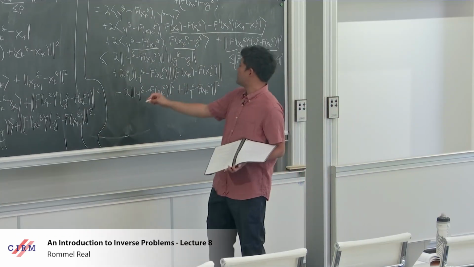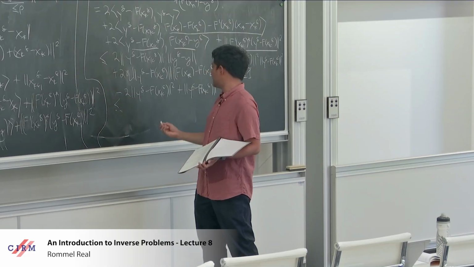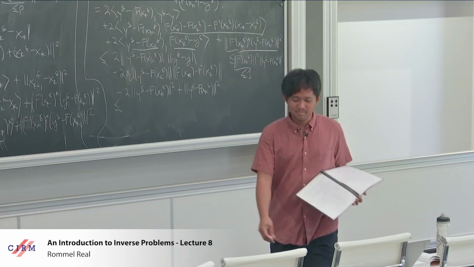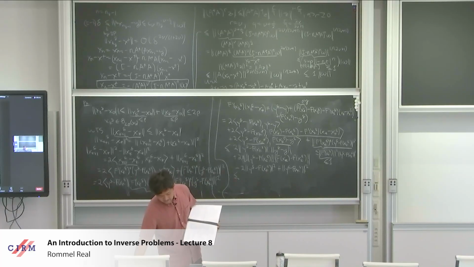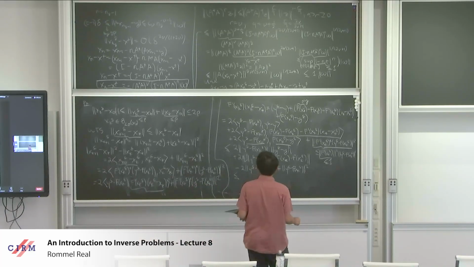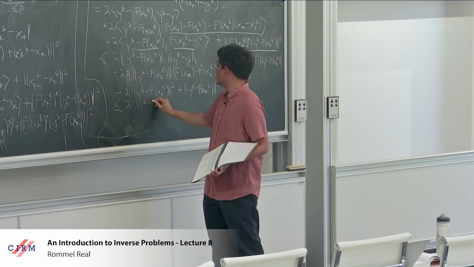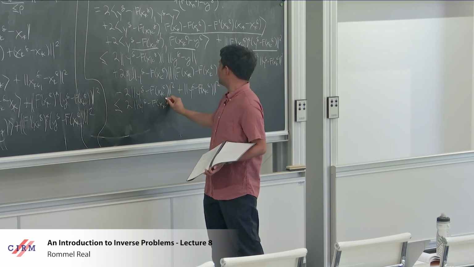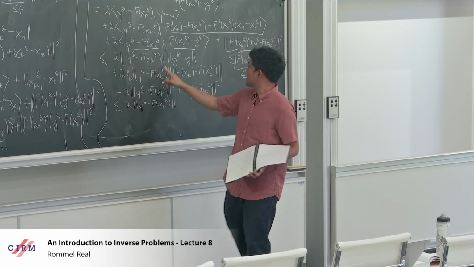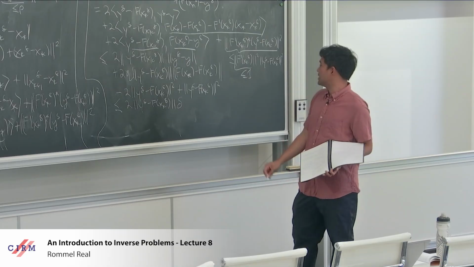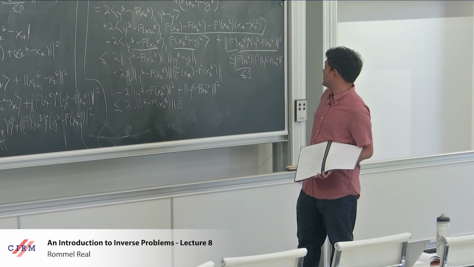this one. Now for the first term, we can group it and apply the condition on the delta. So we have 2 times, for the first term there in the group, this y delta minus y is bounded above by the noise level, same as in the linear problem.